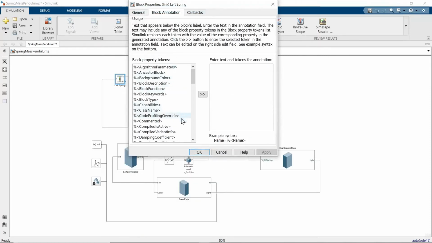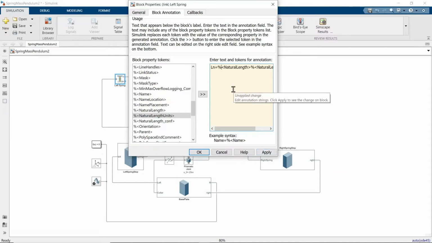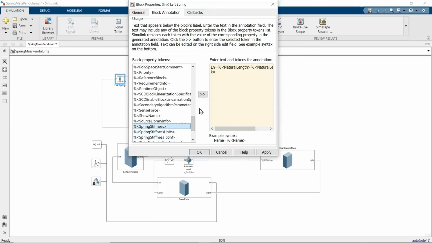Properties, natural length, and spring stiffness K, spring stiffness units here.